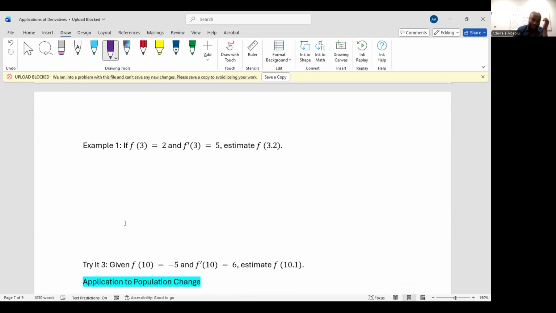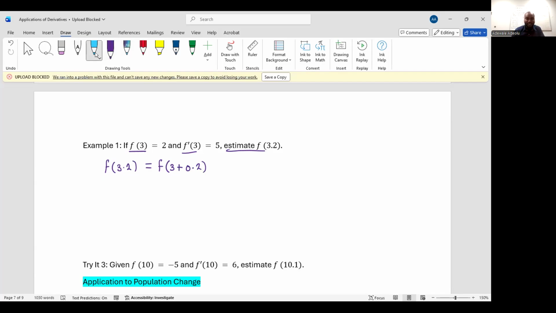Okay. Let us use the idea to solve this problem. Example. If f at 3 is 2, and the derivative of f at 3 is 5, estimate f of 3.2. Remember, f of 3.2. Can I say it is the same thing as f of 3 plus 0.2?